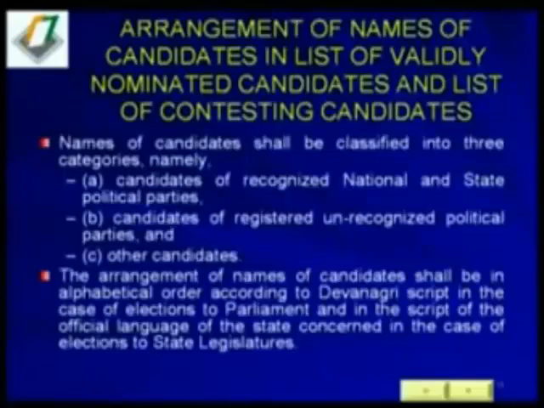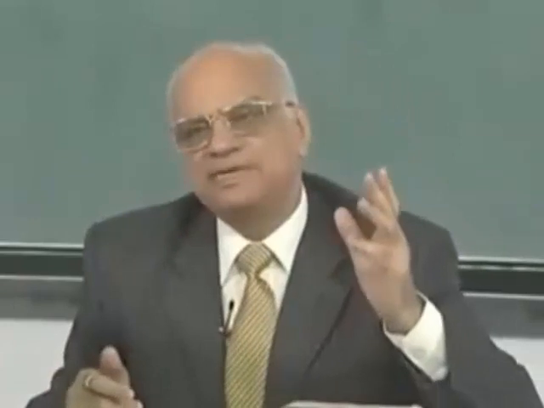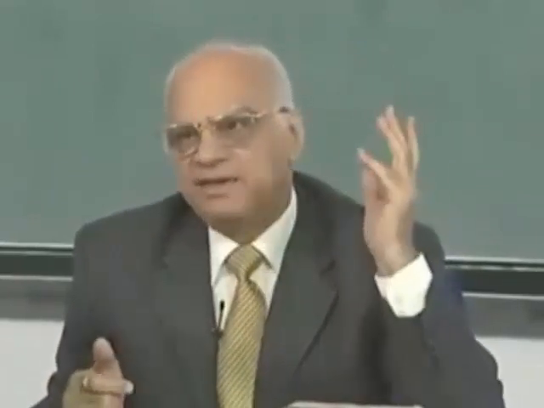Previously, what was the position? Supposing there are 13 candidates, all the 13 would be clubbed together and their names arranged alphabetically. So it's quite possible a person with A, an independent, may come at the top of the nomination list and also the ballot paper, and a recognized party candidate may be somewhere 7th or 8th.